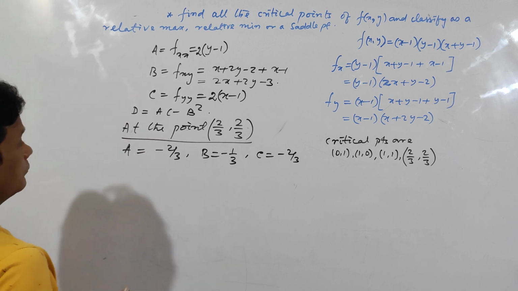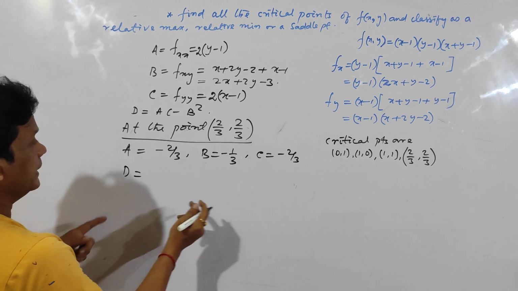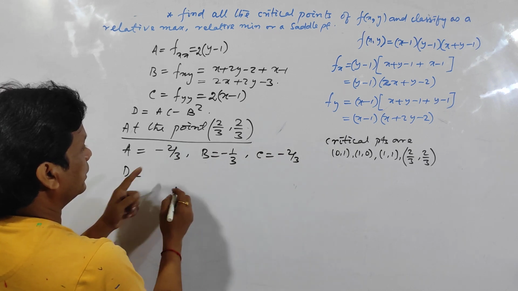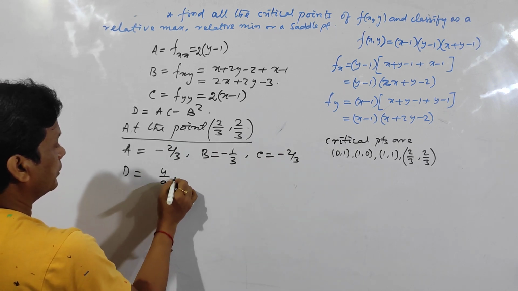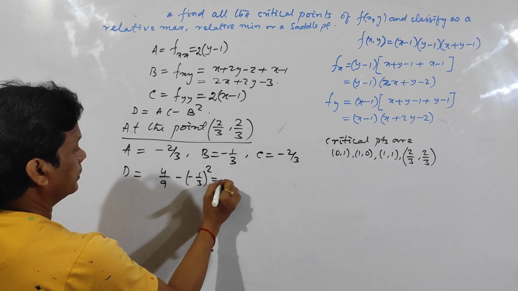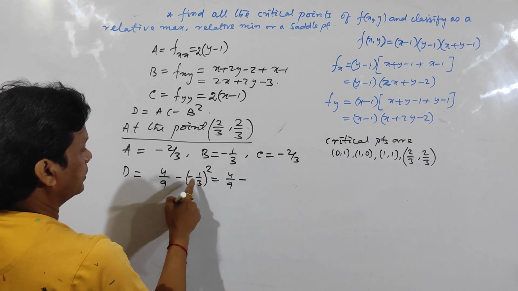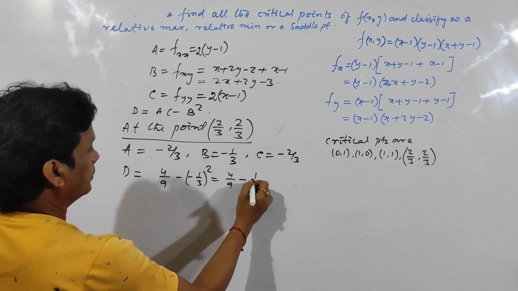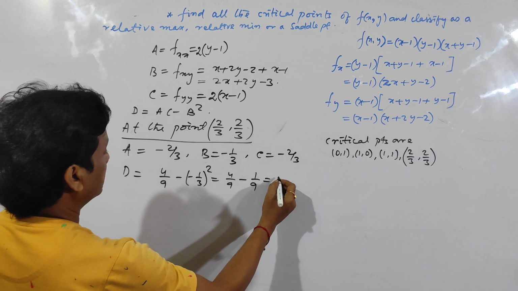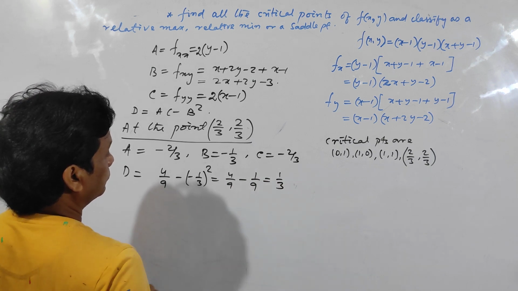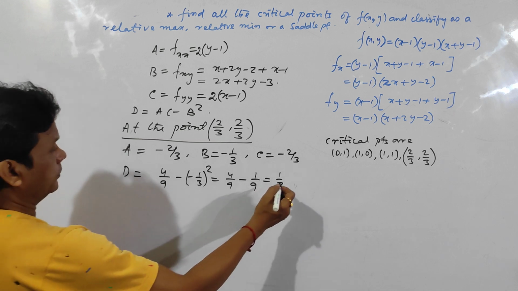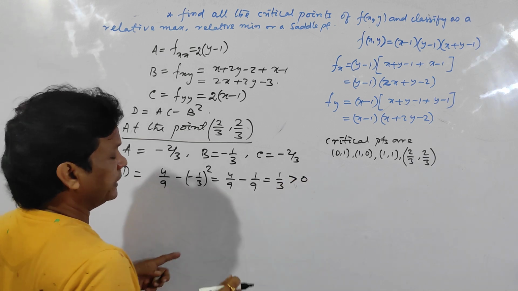Then D is equal to AC minus B square. A into C: minus times minus is plus, 2/3 into 2/3 is 4/9. Minus B square, minus 1/3 square, it is 4/9 minus, this will become plus 1/9. So take 9 as LCM: 4 minus 1 it is 3, 3/9 means 1/3. Clear? So D is positive. D is positive means it is not a saddle point.